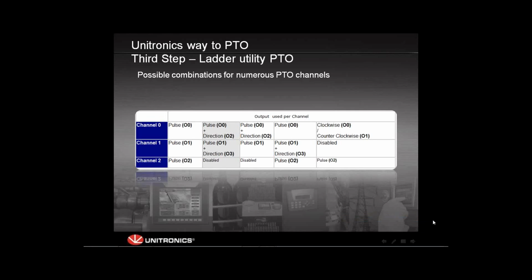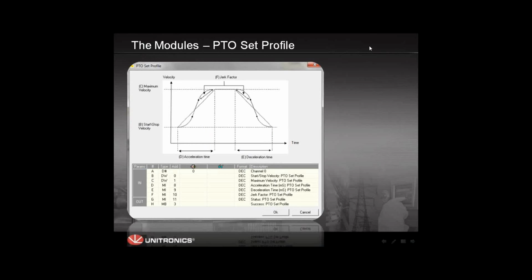If you're choosing the first combination, you have to use output 0, 1, and 2. If you're using the second combination, you have to use output 0 and 2 for the first channel, and this is the physical output. Physical output 1 and 3 for the second channel, and so on. So when using the PTO, we have to follow these instructions. They're all listed in the help file.